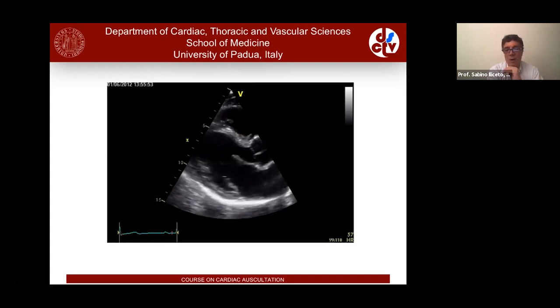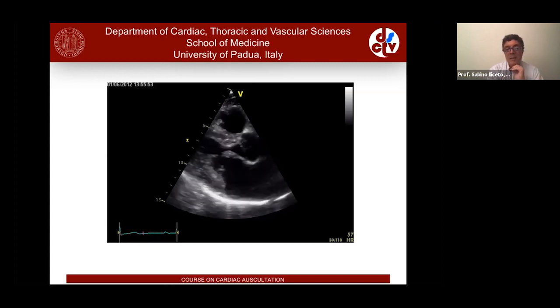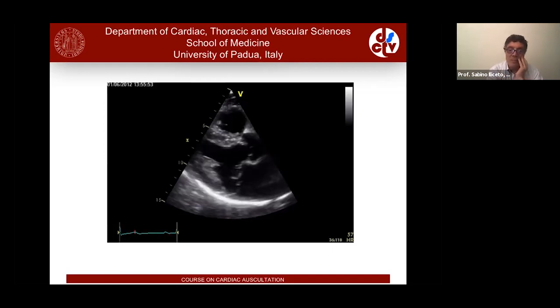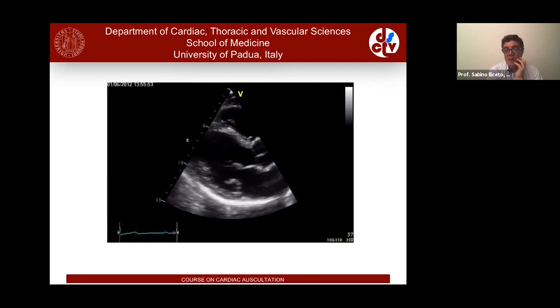I shall have no time to discuss this today, unfortunately, because I have to concentrate on cardiac auscultation. But one day we can share with our friends all my history with mitral valve prolapse and what has been discovered in time, especially in Padova in the last 4 or 5 years, using cardiac magnetic resonance in mitral valve prolapse.